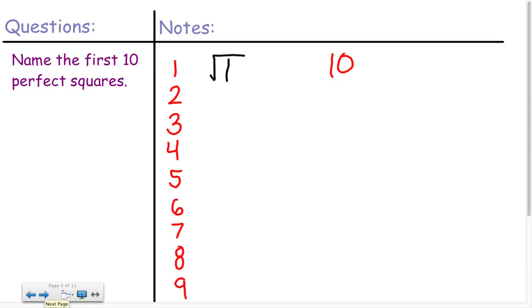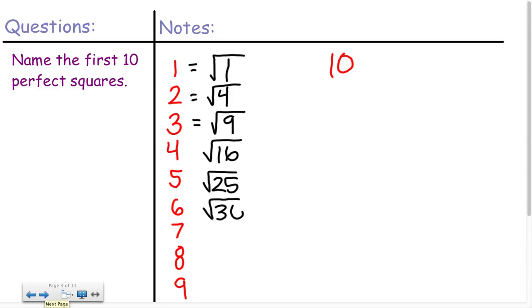If I take the square root of 1, I get 1. 2 squared is 4. 3 squared is 9. 4 squared is 16. 5 squared is 25. 6 squared is 36. 7 squared is 49. 8 squared is 64. 9 squared is 81. And 10 squared is 100.